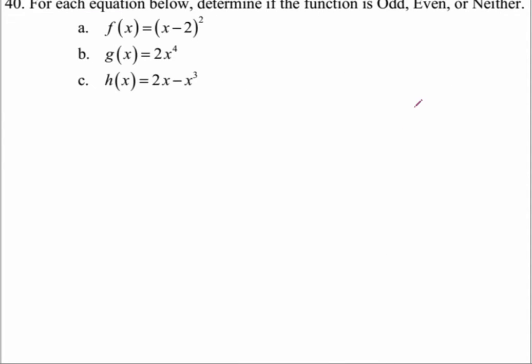How would we check that algebraically? Well, in order for it to be an even function, f of x has to be equal to f of negative x. So let's plug in negative x and see if we get back our original function. Let's take f of negative x and evaluate that.